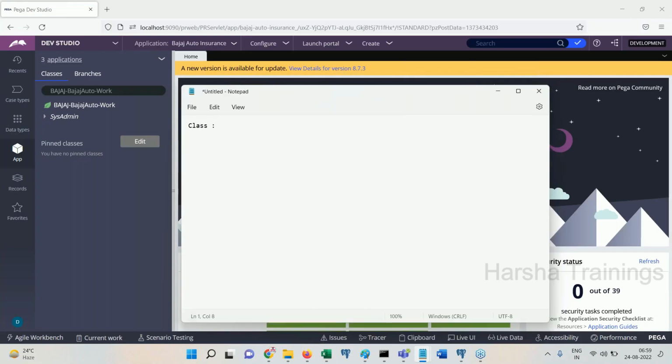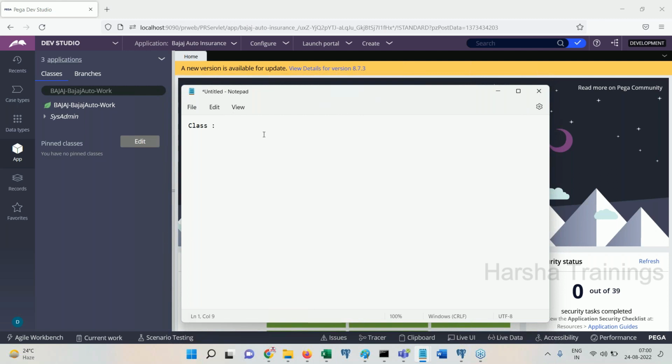Class. Whenever we create a new application, we want to create all the business functionalities inside that application. We don't create them directly inside the application; they have to be created inside classes.